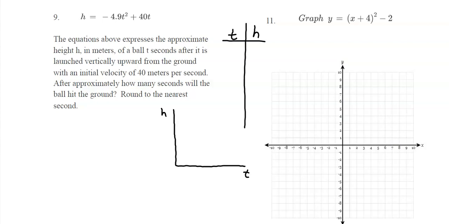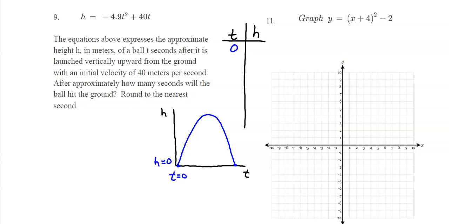Well, when you launch a ball, you kick a ball or whatever, you launch it off the ground, it's going to go up as a parabola, and it's going to come down. And it's going to hit the ground. It's going to be on the ground when the height is 0. And it's going to happen at 2 different t's. One of them is going to be at time 0. All right?